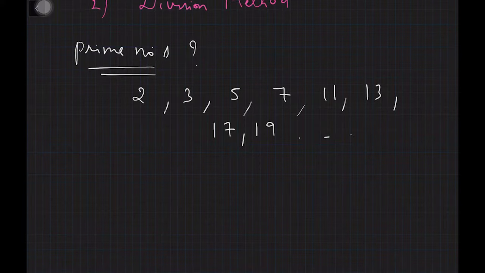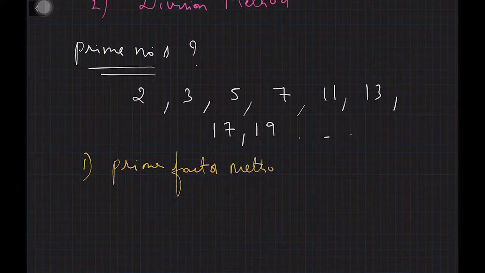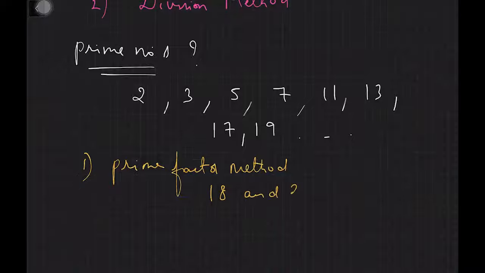Now let's see how this prime factor method helps us in getting the HCF of a given set of numbers. Prime factor method. Let us consider the same two numbers, 18 and 24. The first thing that you need to do in prime factor method is to consider one of the numbers.